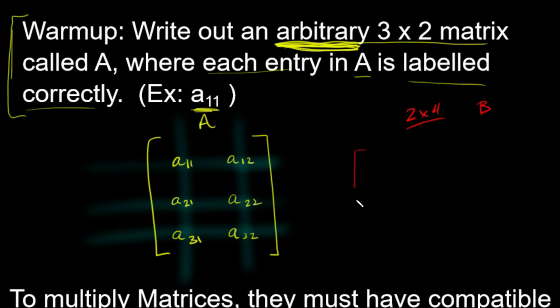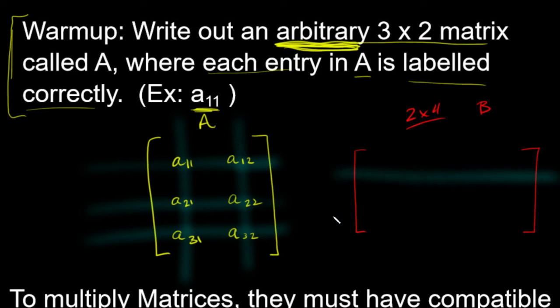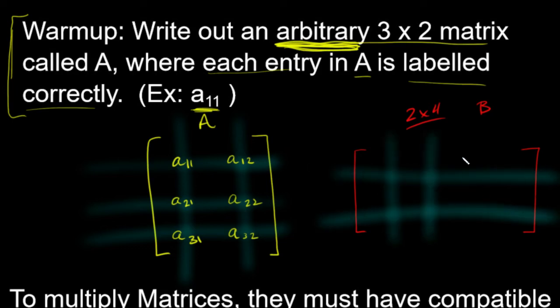All right, so hopefully you should have gotten that it had 2 rows and 4 columns. If it was called matrix B, then the addresses are all going to have little b's.